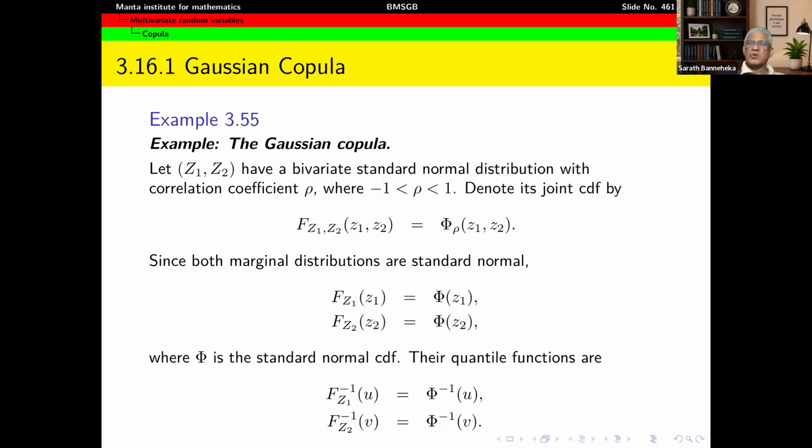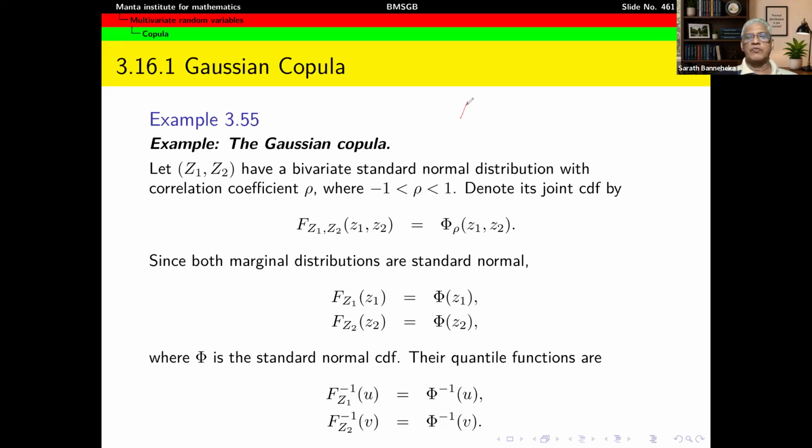Right. So here we are going to use some special notations rather than a capital F always, because when you talk about standard normal, there is a special notation. For example, the CDF of a standard normal distribution is usually denoted by capital Phi, right?